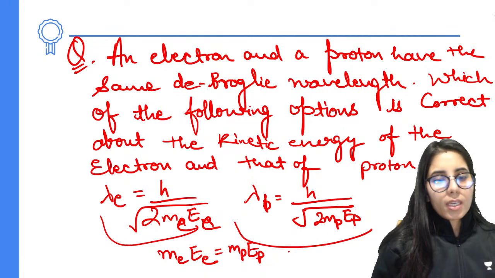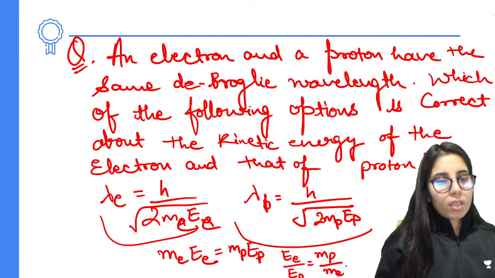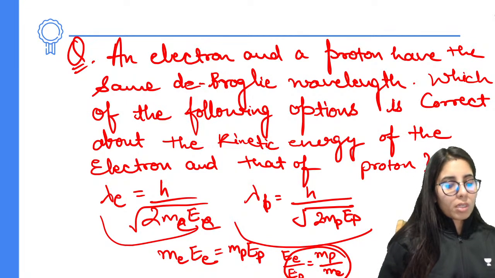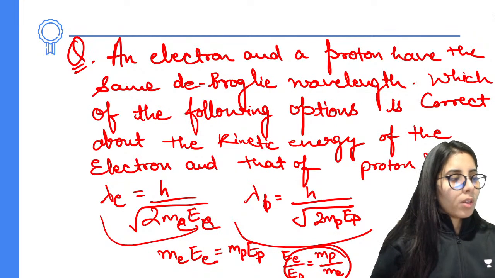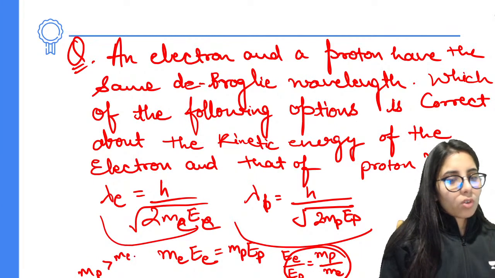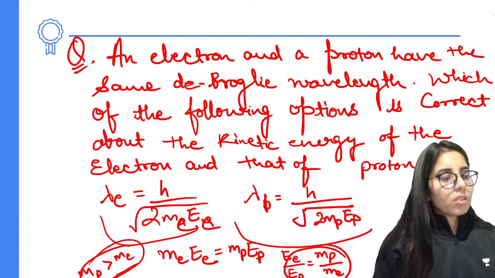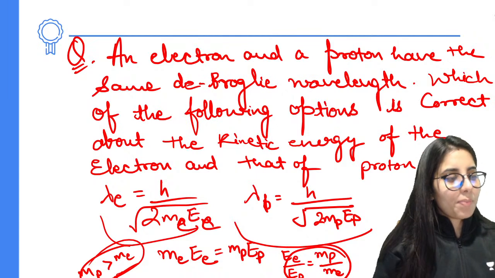Now next thing, E_e upon E_p is equal to m_p upon m_e. Okay, that's what you will have. Electron's energy upon proton's energy is equal to the proton's mass and electron's mass ratio. Since we know the proton's mass will be greater than the electron's, once you have this, you can get the energy relation, that is E_e must be greater than E_p.